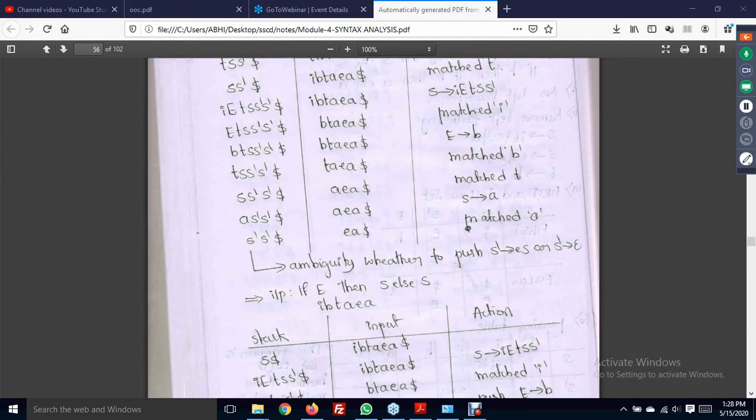So from E, can I get B? Yes. Make use of production E tends to B, and B and B will be matched. Left with TS S dash dollar and TAEA dollar. Now T and T have been matched. So S dash dollar, but with the input I am left with AEA dollar. Now S has a production tending to A. So replace S with A, and S and S is matched, so it gets popped out.